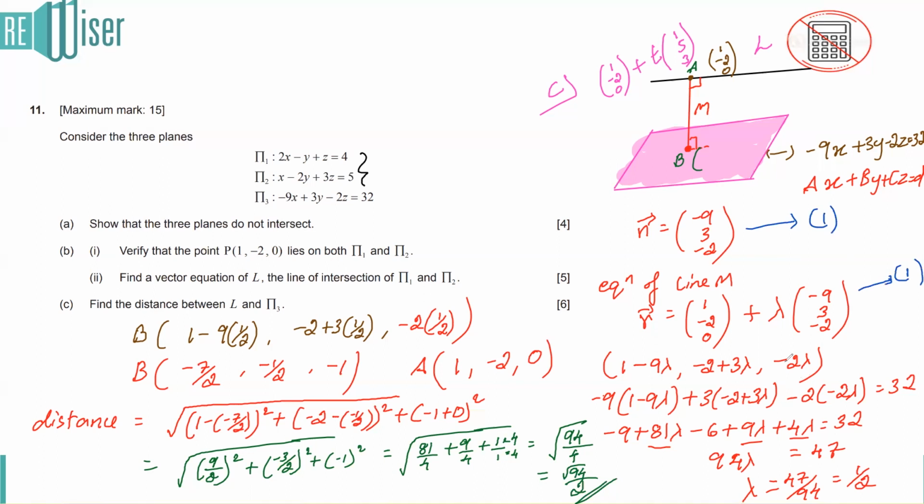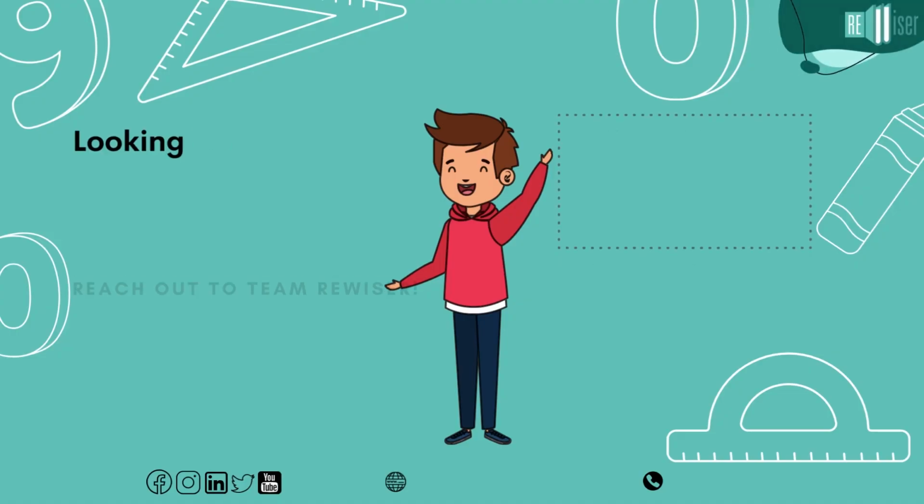The third mark is for substituting the point in the plane. The fourth mark is for getting the value of lambda. The fifth mark is for getting the B value. And the final mark is for getting the distance, using this step and finding the final answer. And this is how the 6 marks are distributed for this sum.